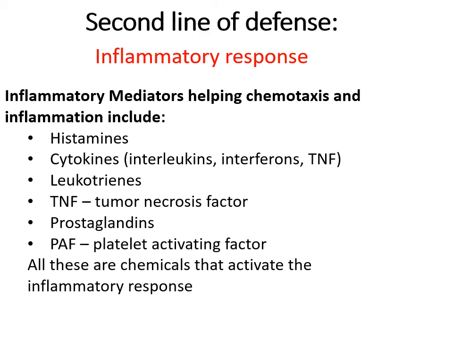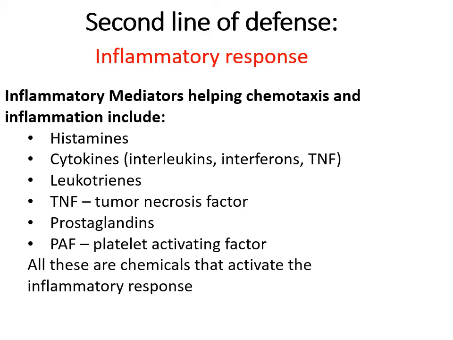Leukotrienes, again, just another chemical that can ramp up the inflammatory response. Tumor necrosis factor, I mentioned, cells can release this factor to help in attacking, say, a tumor or in general inflammation.